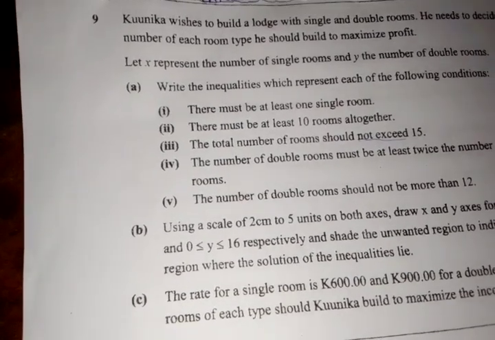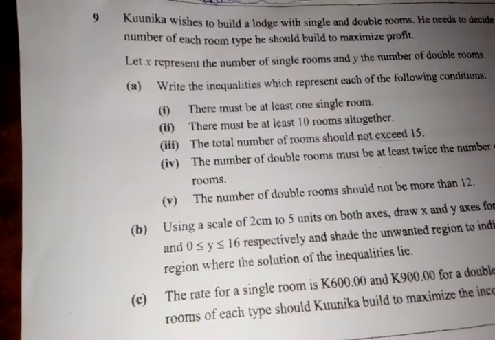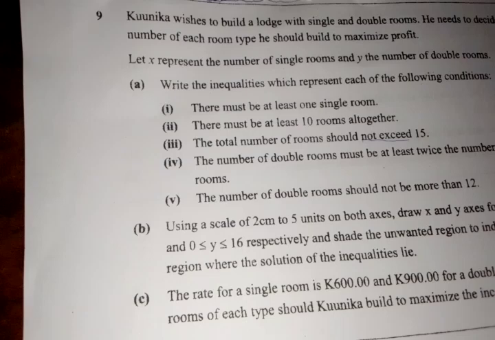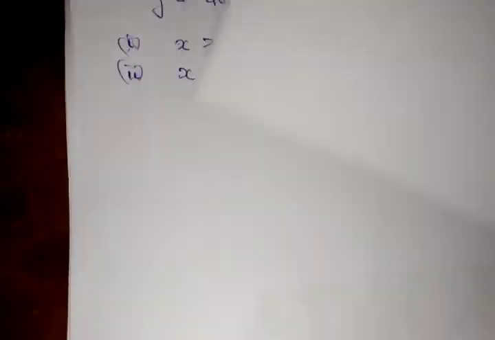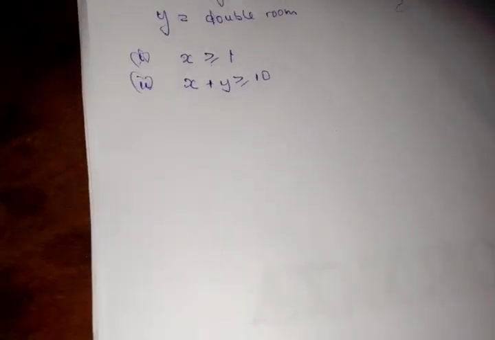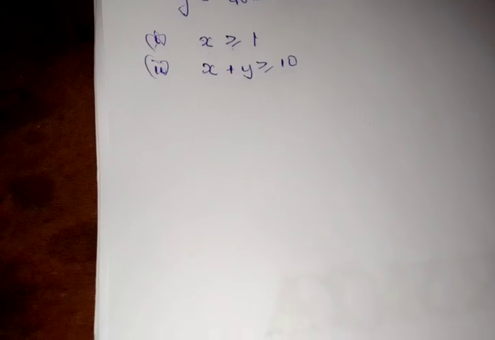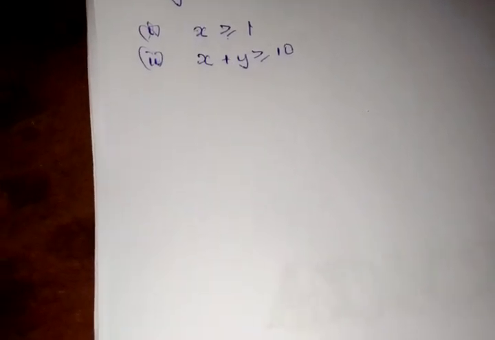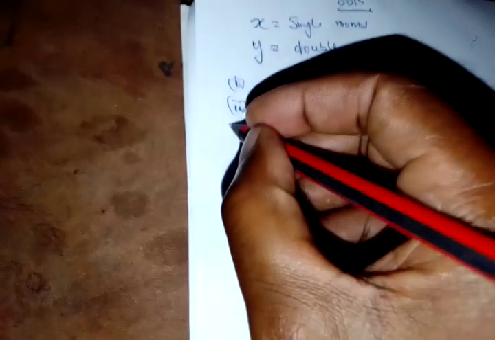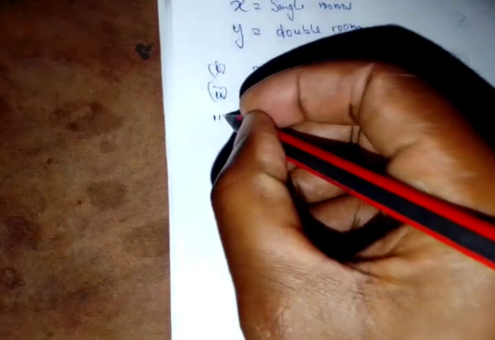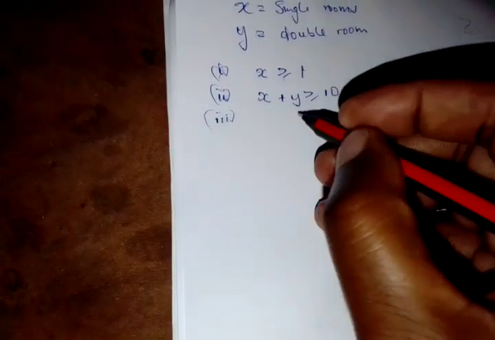So the total number of rooms should not exceed 15. So since they're talking about the total number of rooms, we just have two types here, type X and type what? Y. So it means the other condition then is going to look like this.